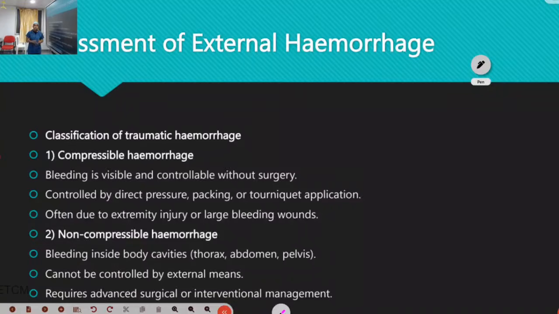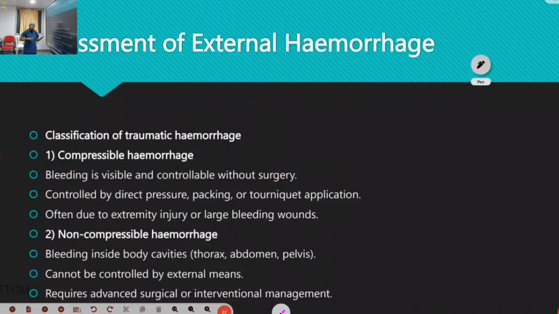Coming to the classification of traumatic hemorrhages. Traumatic hemorrhages can be compressible or non-compressible. Compressible hemorrhage means bleeding which is visible and controllable without surgery, controlled by direct pressure, packing and tourniquet application.